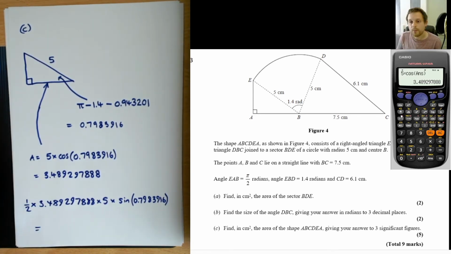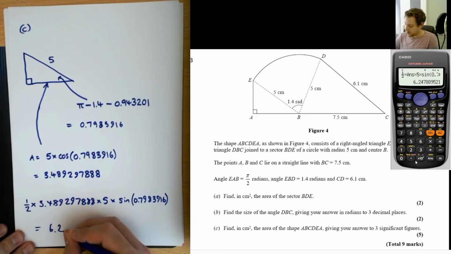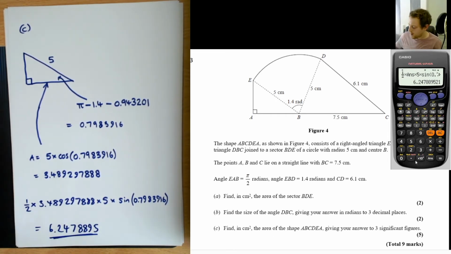So 1/2 times the previous answer on my calculator times 5 times sine of 0.79839916. So I get that area there is 6.2478895. I'm not going to worry about rounding until the end.